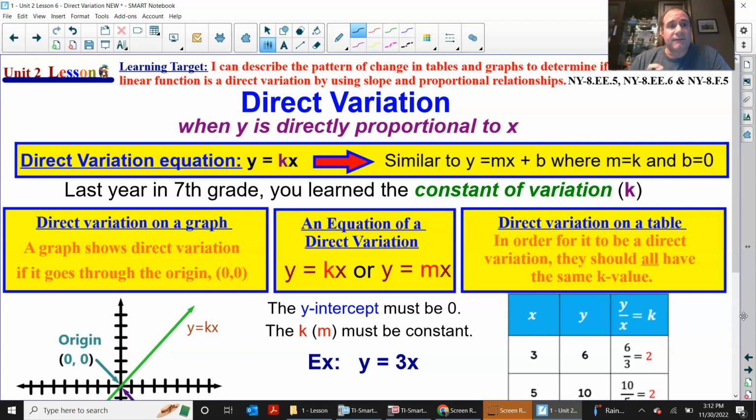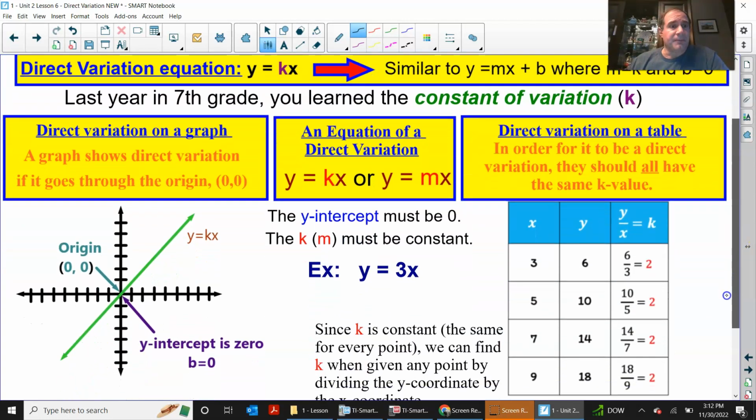Remember, a direct variation is when a line goes through the origin, which is at (0, 0), and continues on that way. It has to be linear, and if it's a linear function going through (0, 0), that means it is a direct variation or proportional relationship.